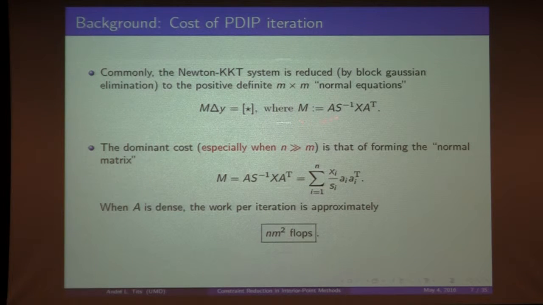Whereas forming the matrix, which you can write like this, by the way, these two matrices are diagonal, so it's not that bad. S inverse and X are diagonal, so this is in fact this sum. You have n terms, and each term takes m squared flops to compute, so n m squared, compared to m cubed over 3 for doing the Cholesky factorization, n being the number of constraints of the dual.